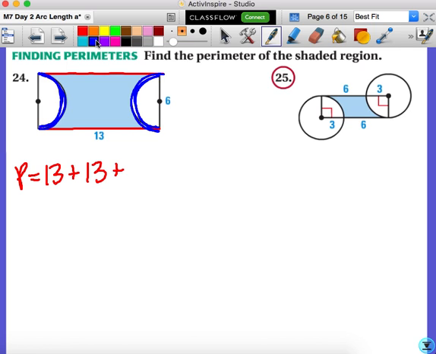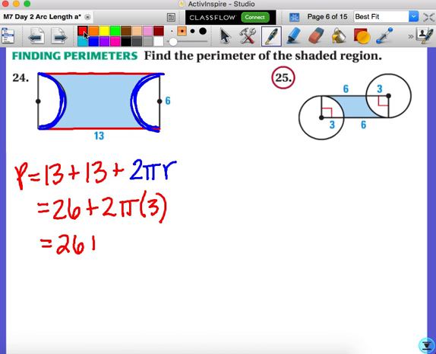So with that, I have half of a circle and half of a circle, which makes a whole circle. So all I need to do is add on the circumference of that circle using 2 pi r. Since my diameter is 6, I know that my radius is 3. So I've got 2 times pi times 3, or 26 plus 6 pi.